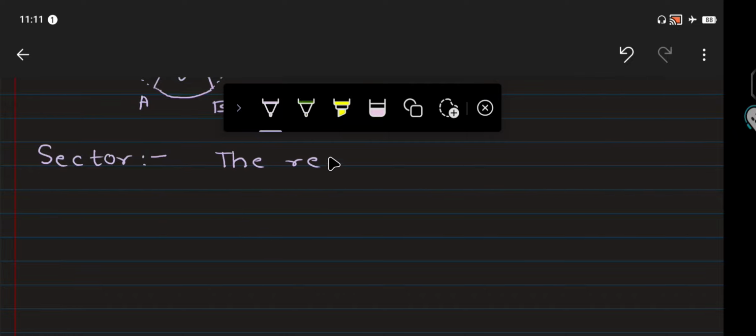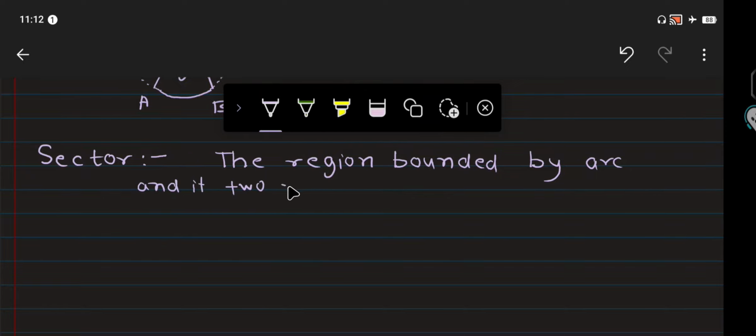The region bounded by arc and its two radii is called sector of a circle.